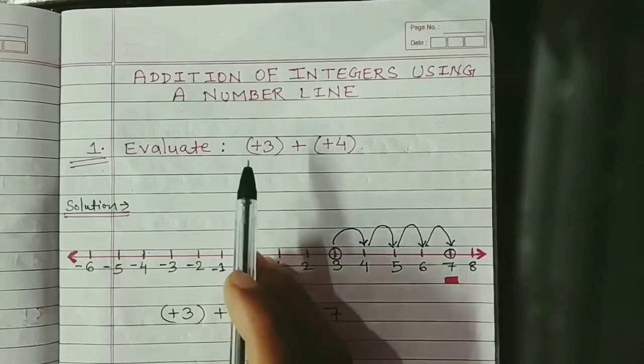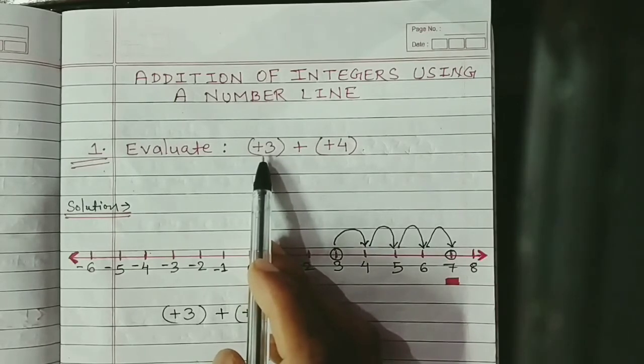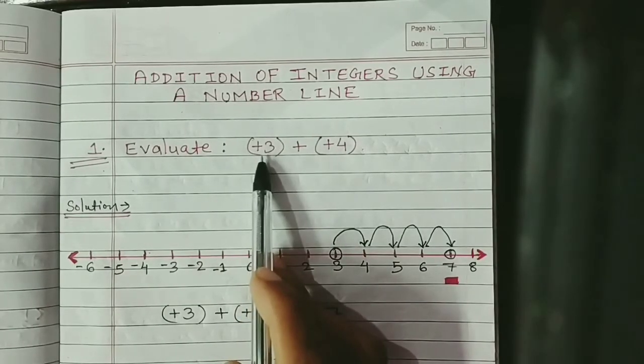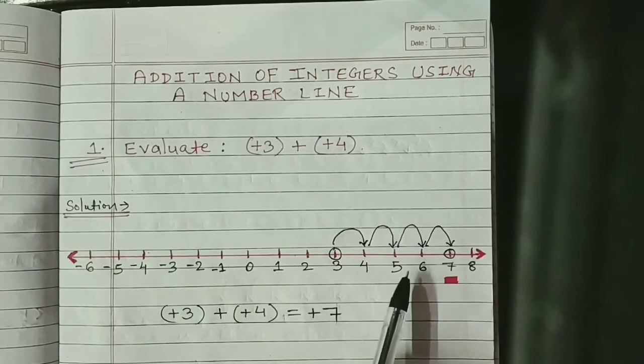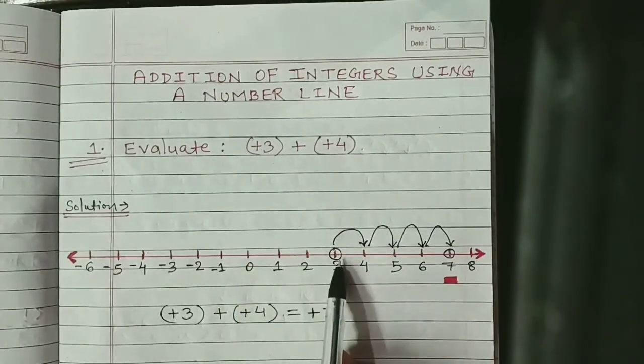First of all, we have to see the first integer, and here the first integer is plus 3, and now we are going to mark this first integer, that is plus 3, on this number line. Now the integer plus 3 is in this place, so I have marked here.